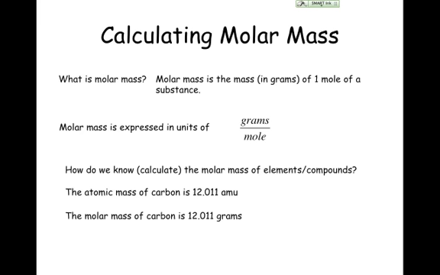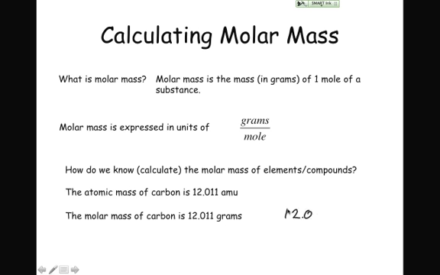the same number in the unit of grams, 12.011 grams. So if you had 1 mole of carbon atoms, then they would weigh 12.011 grams, or 12.011 grams of carbon per 1 mole of carbon.